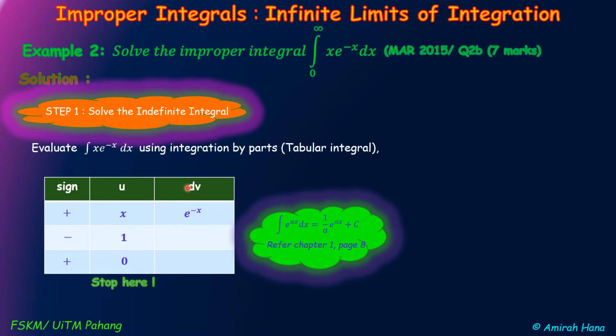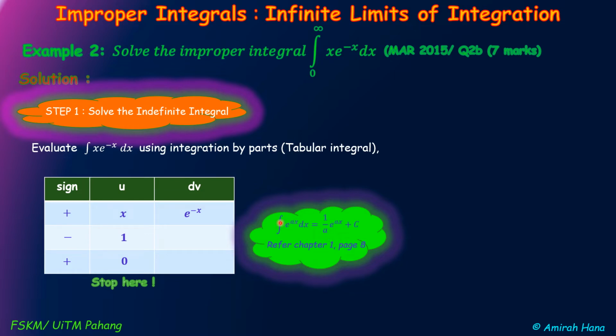In column dv we need to integrate. In column u we need to differentiate. So we integrate e to the power of negative x. We can use this formula: integration of e to the power of ax dx equals 1 over a e to the power of ax plus c.